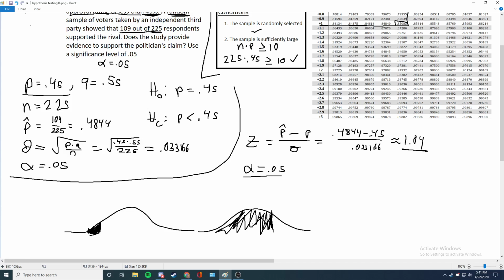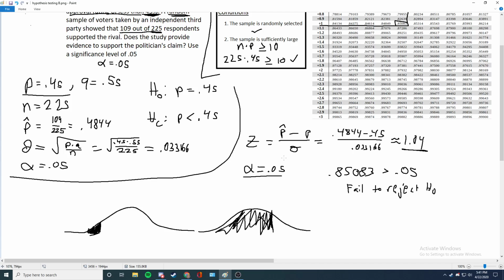In order to reject this one, we would need a far more negative z value. So since our p-value is 0.85083, which is way bigger than 0.05, we're going to fail to reject the null.